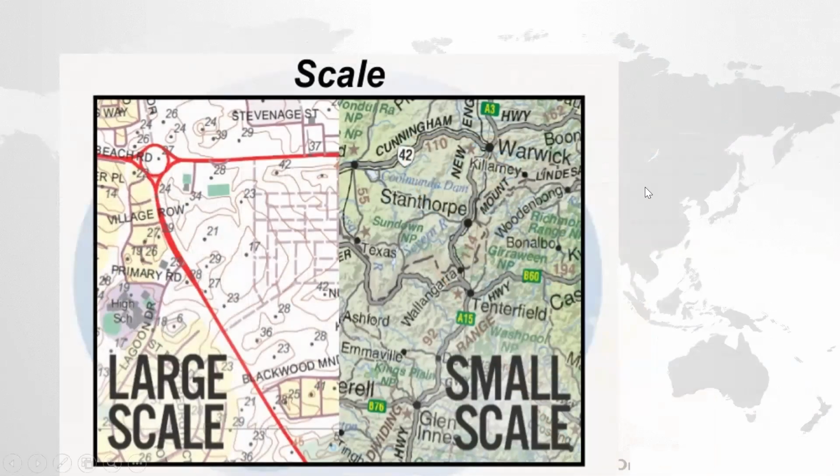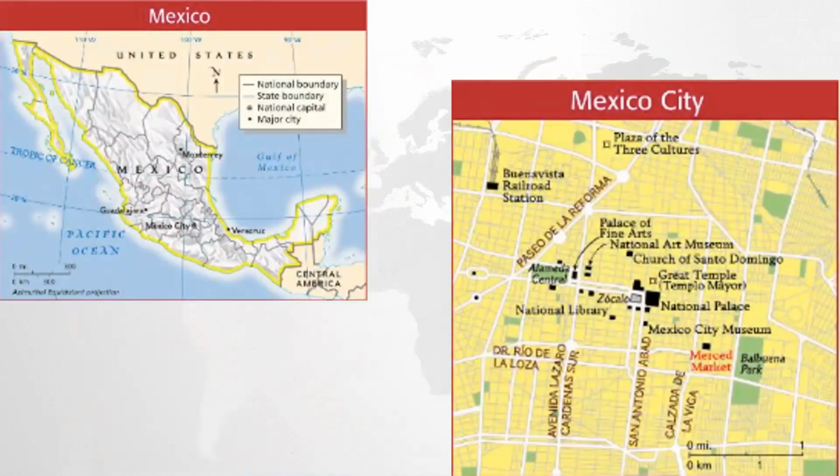Here's another example for you: this would be a large scale map and then a small scale map. Large scale because we're zoomed in, small scale because we're zoomed out. Other examples: this map of Mexico here would be a small scale, and this map of Mexico here would be a large scale.